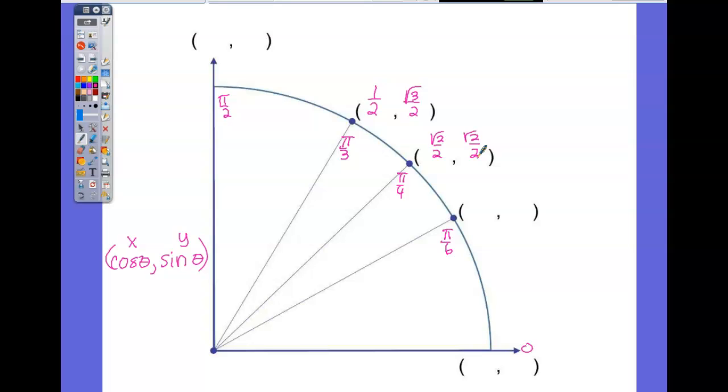So pi over 6, which is this one. How many fingers above? So I get the square root of 3 over 2. And how many below? And then the quadrantal. This point is on the x-axis, so I get 1 and 0. This point is on the y-axis, so I get 0, 1.